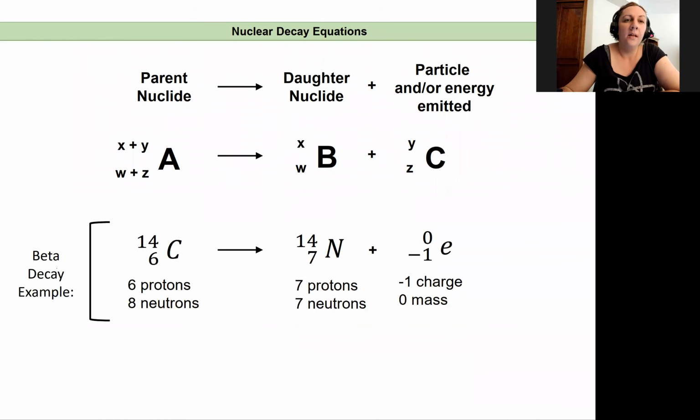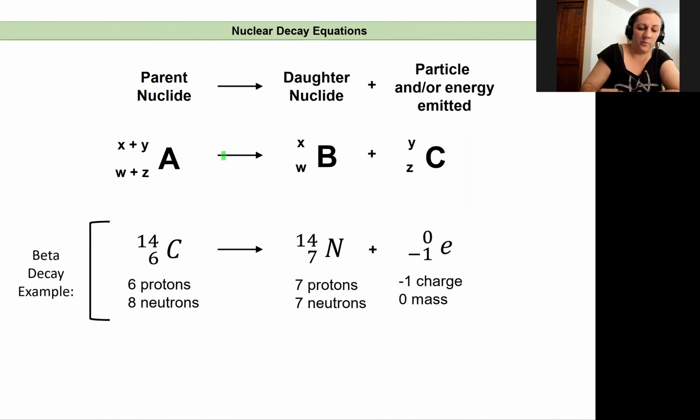Okay. So we represent this in chemistry with a chemical equation, like we do our regular electronic-based transformations. And our structure for these is going to have the same overall structure. We have a kind of before and after with an arrow that tells us that we have reactants on the left-hand side and products on the right-hand side. And when we're looking at nuclear decay equations, those reactants are always going to be a nuclide, a parent nuclide, we call it.